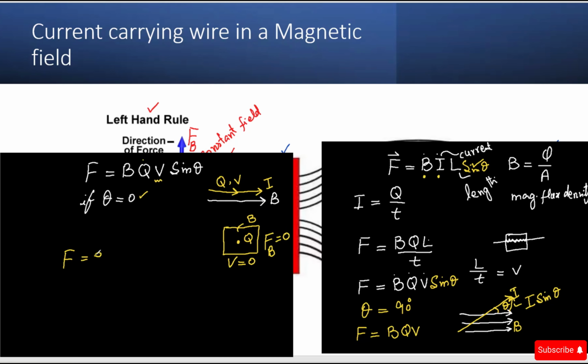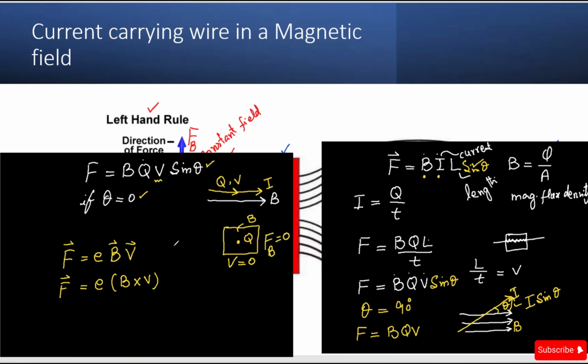Then you can say the charge of this proton is positive E, which is a constant value, B and V. So these are two vectors, magnetic field and the velocity. And we know that it actually depends on the perpendicular component, sin theta. So you can also write it in the form of a vector product: F is equal to E times B cross V.